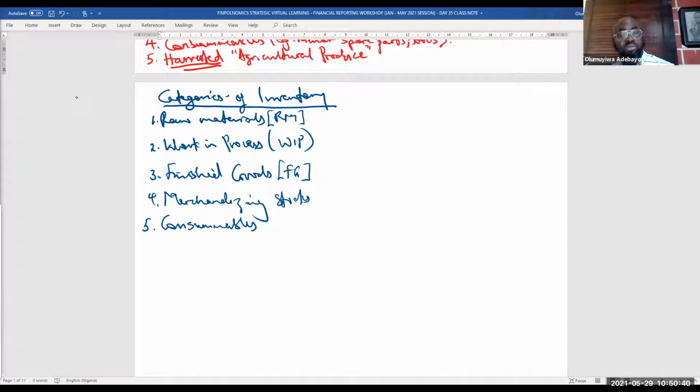How do you distinguish between these? We have more or less agreed that all of these constitute an inventory, but how do you distinguish them? What is raw material?